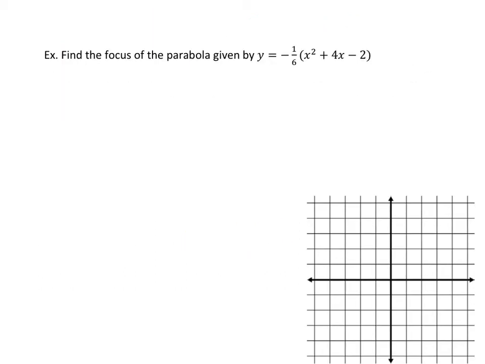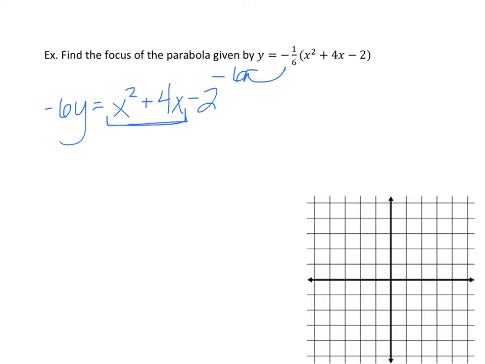Find the focus of the parabola. Well, I'm going to put it into standard form first. I'm going to multiply this side by negative 6 to get rid of that 1/6 out front. Negative 6y equals x squared plus 4x minus 2. Since the x's are being squared, I want them on a side by themselves. This is the one that I'm going to have to complete the square with.